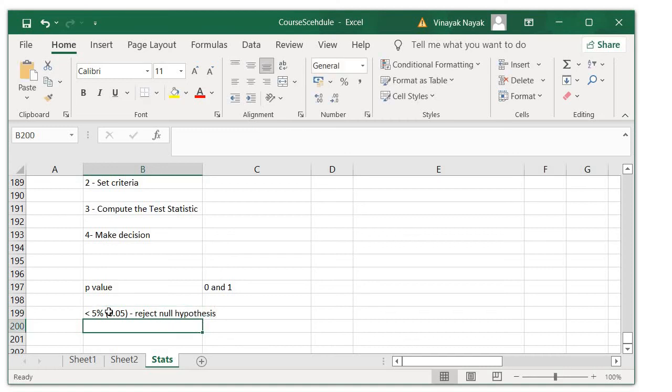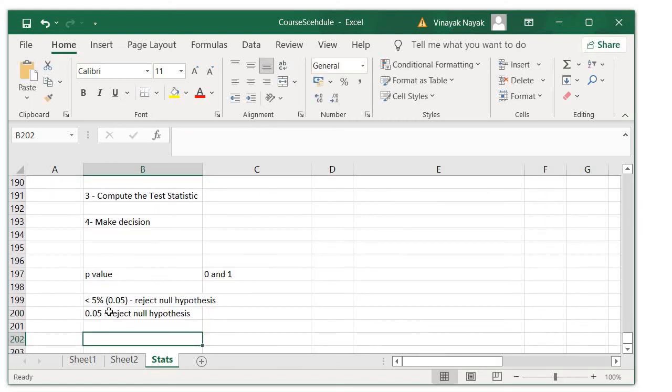Also, if the value is equal to 0.05 or 5%, we still reject the null hypothesis. Now, if the p-value is greater than 5%, or you can say if it is greater than 0.05, in that case we retain the null hypothesis.